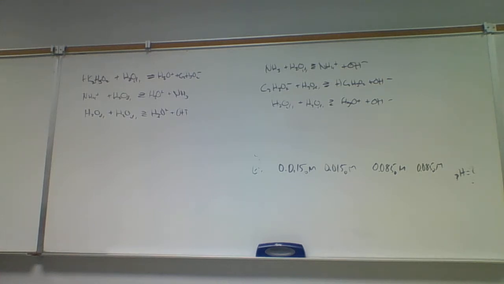Well, anyway, looking at this, I have 6 more ICE tables to solve. Is that correct? Do I have 6 more ICE tables to solve, and then maybe generate the hydronium, and then generate the hydroxide, and then cancel them out, or something like that?